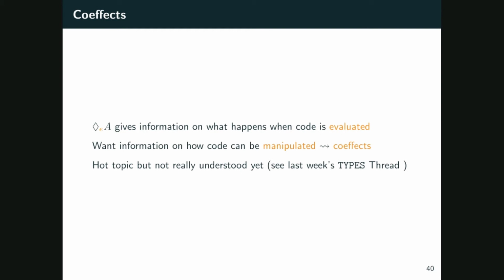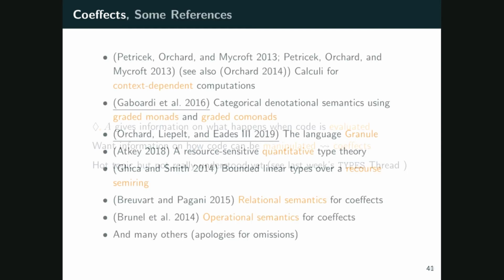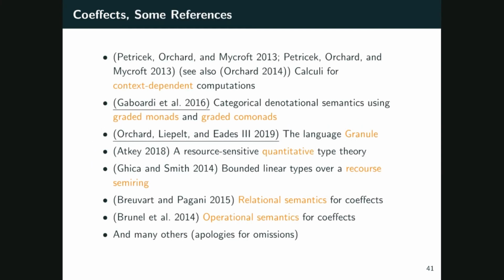And coeffects are a hot research topic. There was a thread on the types mailing list last week, which I think has stressed the fact that there are many people interested in coeffects, but also at the same time that coeffects are not really well understood yet, or at least that's my opinion. And just to give you an idea of the amount of research people are doing on coeffects in recent years, here is a partial list of works on coeffects, and I have to apologize for omissions.